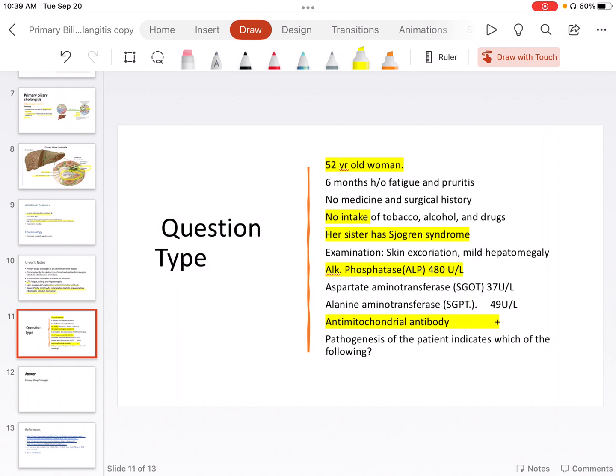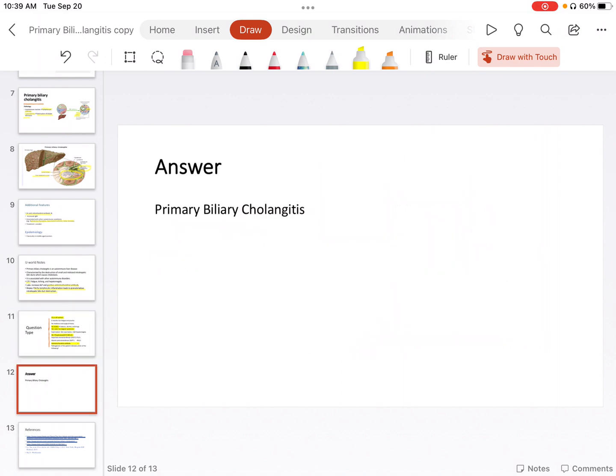Alkaline phosphatase is 480 units per liter, which is raised. Antimitochondrial antibody is positive. In this question, SGOT and SGPT values don't matter because we have very clear indications from what we just read. The pathogenesis of the patient indicates which of the following? Answer is primary biliary cholangitis.